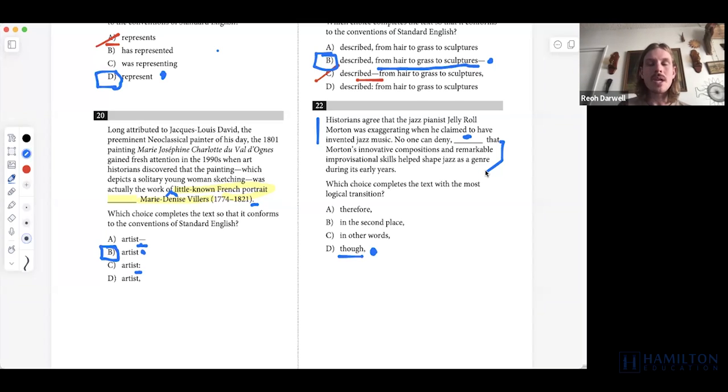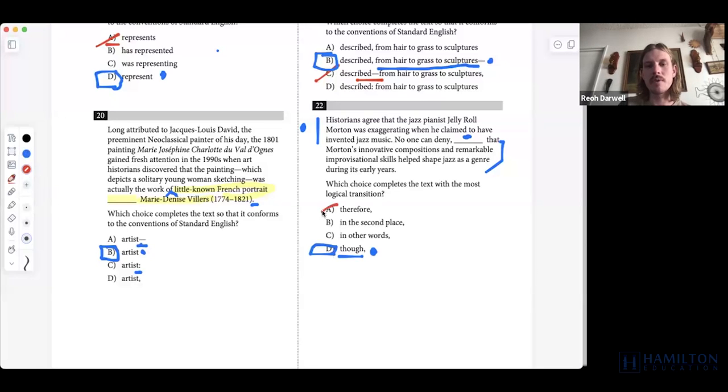So by demonstrating the importance, we are pivoting away from the idea that it was exaggerated to say that it was in fact important. All right. So though is our classic concession pivot word, right? Other examples include nevertheless or nonetheless. All right. It is the only word here which fulfills that role.